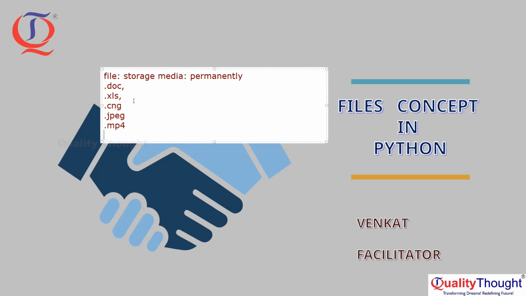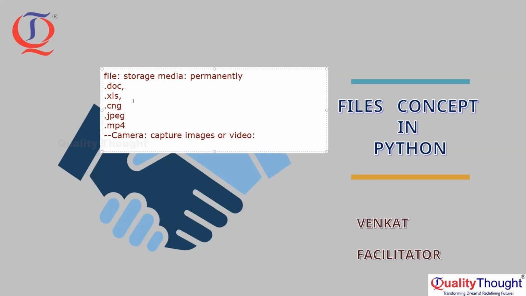why do we need to work with a file? Let's suppose there is a camera. A camera is to capture images or video. Where to store? We have to work with files only.